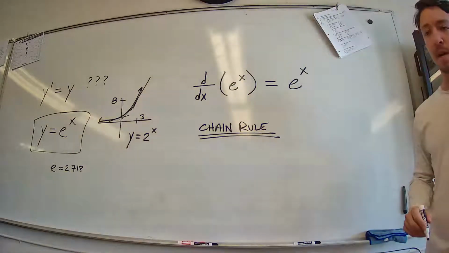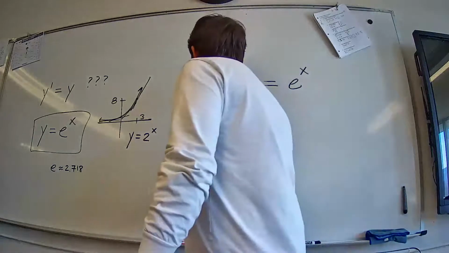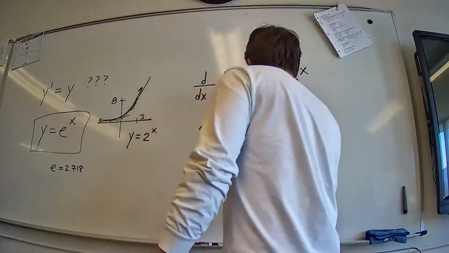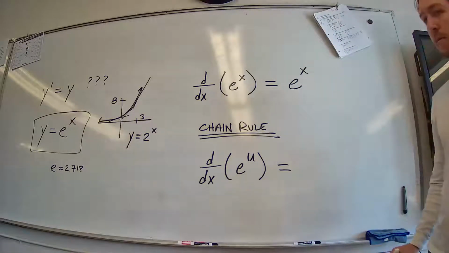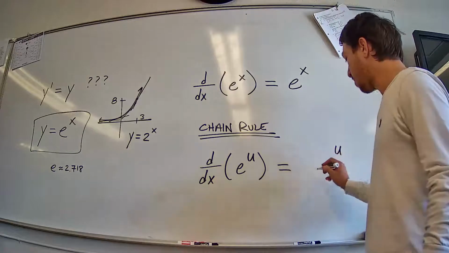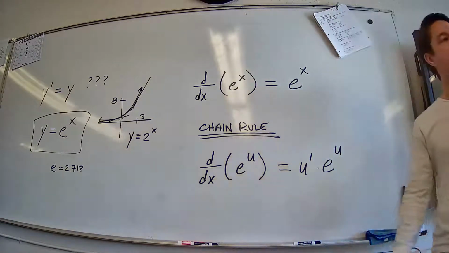That's really famous. It comes up a ton when you're learning calculus and derivatives. What's the derivative of e to the u then? It's going to be e to the u, except what do we always tack on when you do the chain rule? Tack on u prime. It's as simple as that.